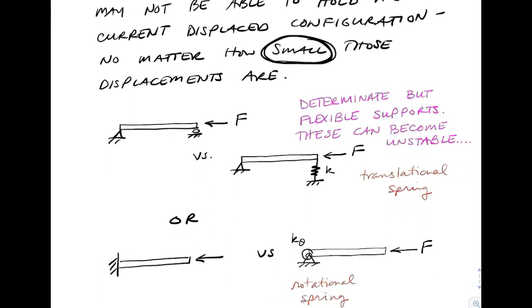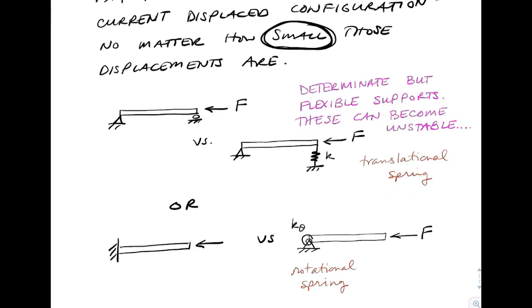So here's an example in some determinate structures. Something that is pinned and rollered, and say we have a compressive load F in the axial direction. Maybe that roller needs to be modeled as something that has some flexibility. It's not infinitely rigid here in the transverse direction.